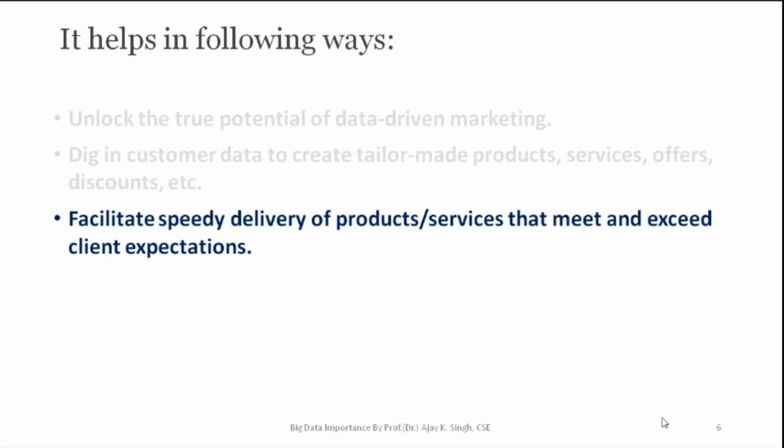Next is to facilitate speedy delivery of the product. If you have that data, obviously your delivery will be very, very fast. That may be your product delivery, or it may be related to the services that you are delivering. If you have good data with you, you can play with that. Everybody is interested in getting things as soon as possible.